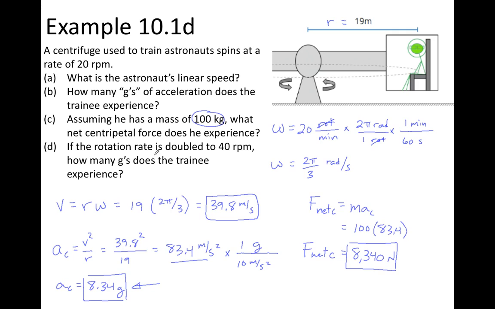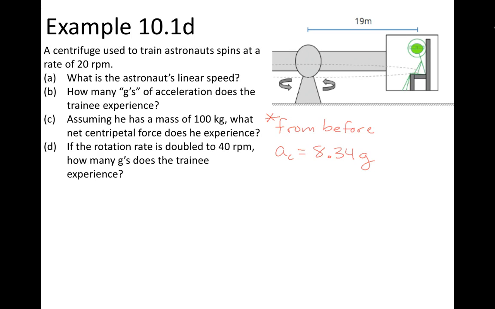So, what if we double the rate of rotation to now 40 RPMs? Well, I'm going to need a little bit of space, so I'm going to clear some so that I can reason this out. And I'm back.